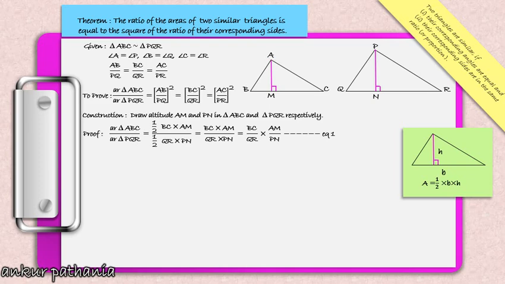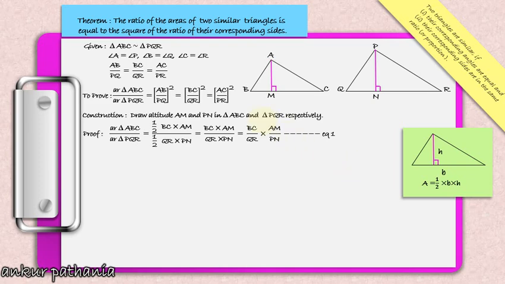So we have replaced area of triangle ABC by half BC multiplied by AM, and we have replaced area of triangle PQR by half QR into PN, where QR is a base and PN is an altitude. On further solving this, we get the result: area of triangle ABC upon area of triangle PQR is equal to BC upon QR multiplied by AM upon PN.